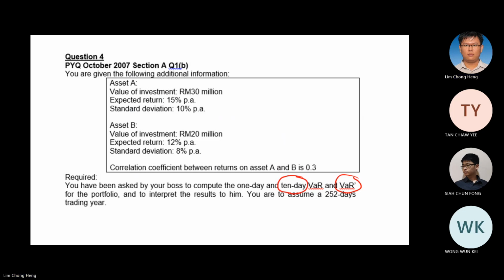Same thing, I let you try. I give you the portfolio standard deviation and the portfolio return.